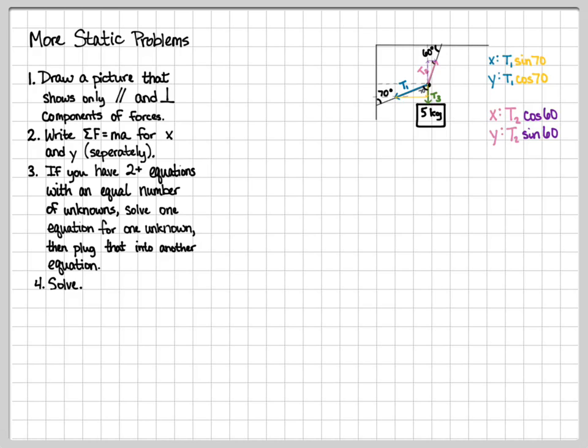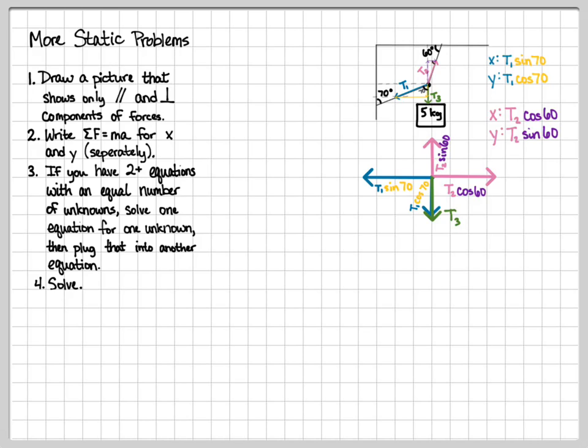Now we have a T3. And we're not sure what to do about that yet, so let's redraw our diagram first. And that pesky T3. Right now, I could write my x equation and I could write my y equation, but I have this T3 that I don't know anything about.